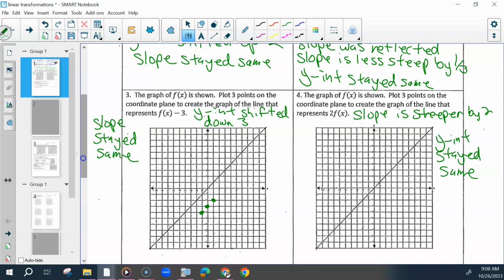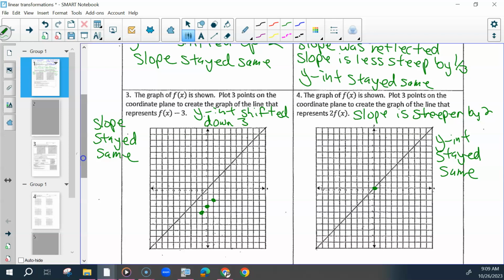Right, so when we go to plot our 3 points, the y-intercept stayed the same, so that means it's going to be at the same place at the origin. And then if the slope is steeper by 2, where could I plot another point? Or what would my slope be? Is it 2 over 1?